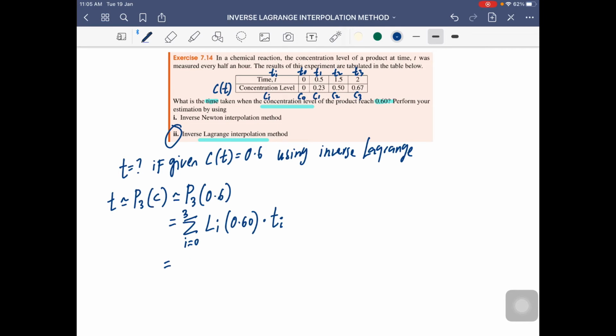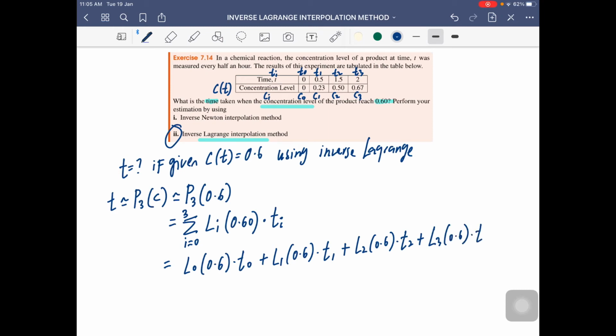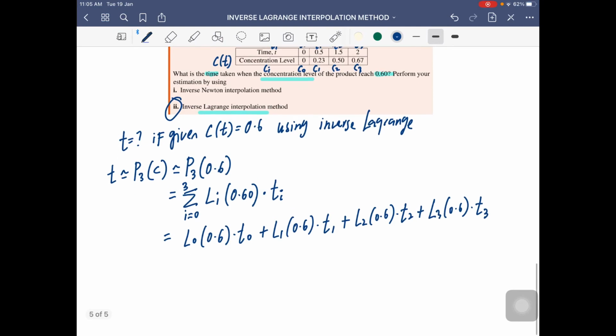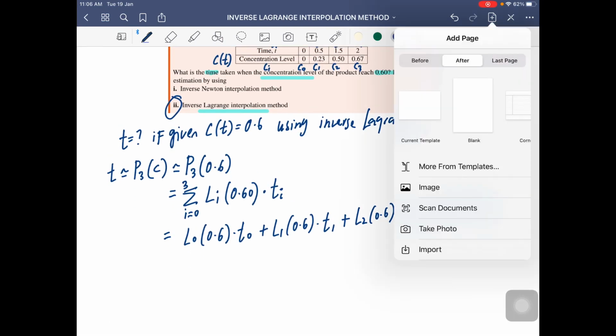If I expand this, I have the Lagrange term L0(0.6) multiplied with T0, which is a data point from our table, plus L1(0.6) times T1, our second data point, plus L2(0.6) times T2, plus L3(0.6) times T3.